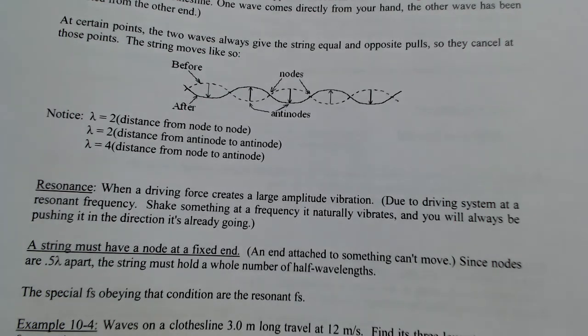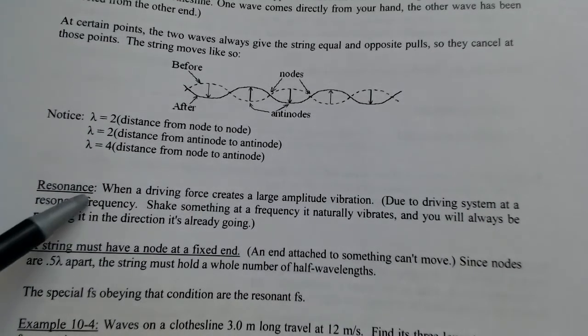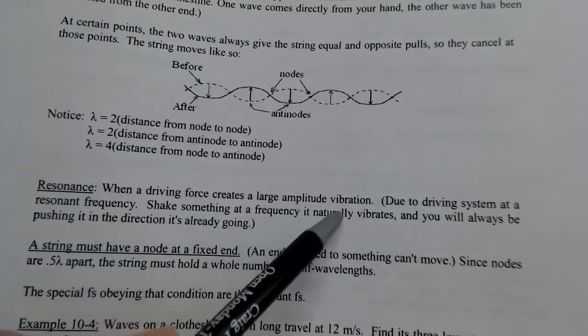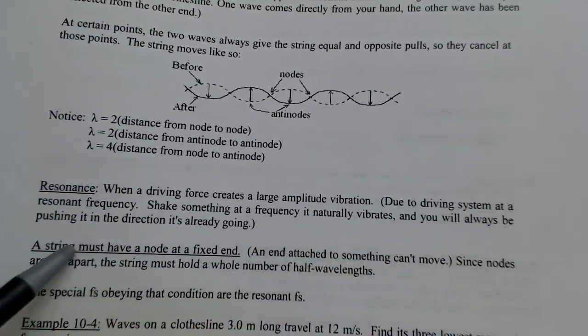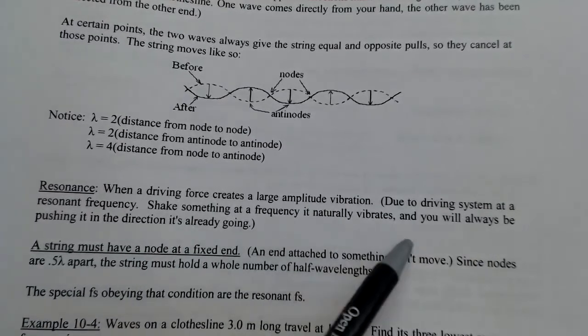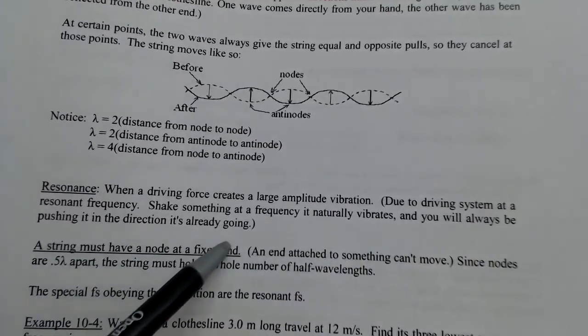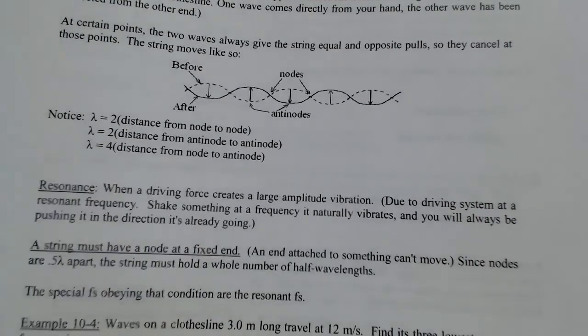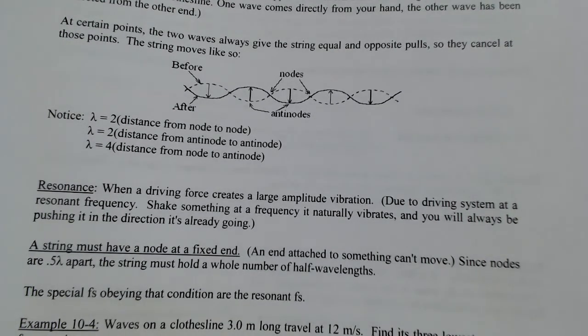So that's what resonance means: when a driving force creates a large amplitude vibration due to driving a system at its resonant frequency, always pushing in the direction it's already going. So what are the resonant frequencies of a clothesline or a guitar string? They're all basically the same thing.